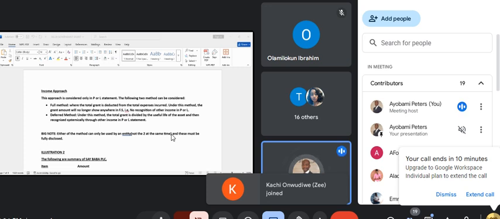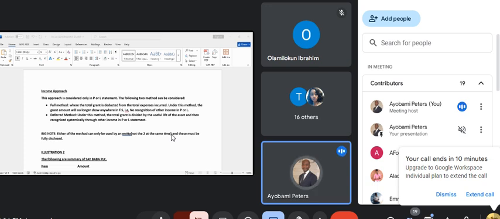That is for the full method, and then you disclose it in your notes. Now, if you are using the deferred method, you divide it over a number of years, recognizing what we call other income as your grant. You don't need to disclose that as it were. The only thing you need to disclose is the deferred income.